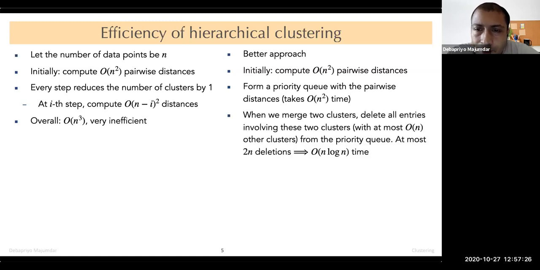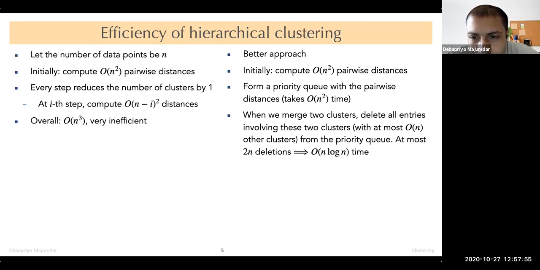Now, when we merge 2 clusters, what's happening? Those clusters had their individual distances with all other clusters in our priority queue, right? So let's say clusters C and D are being merged. C had order n distances with all other existing clusters, and D also had order n distances with all other existing clusters.